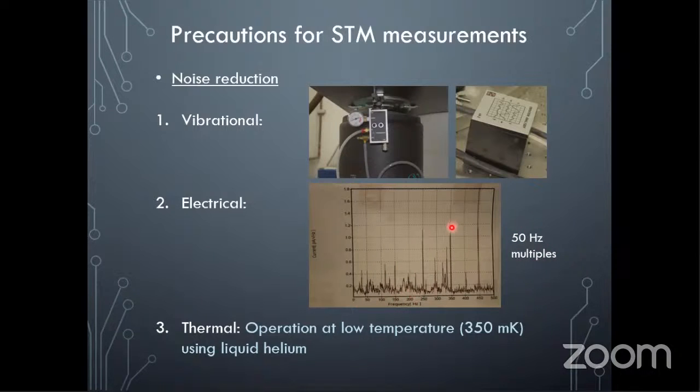One can check that, and one can minimize that in many ways. Another source is thermal noise because of the kBT energy, which gives some amount of noise to the system, and one way to reduce it is to operate at very low temperature, like 350 millikelvin, using liquid helium and, most importantly, helium-3.